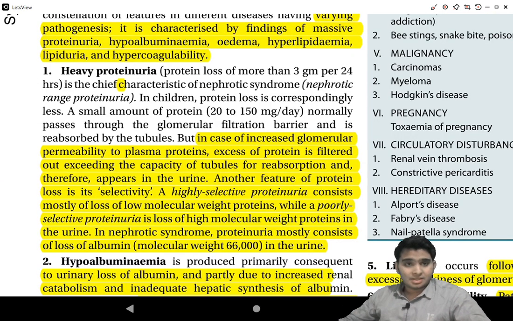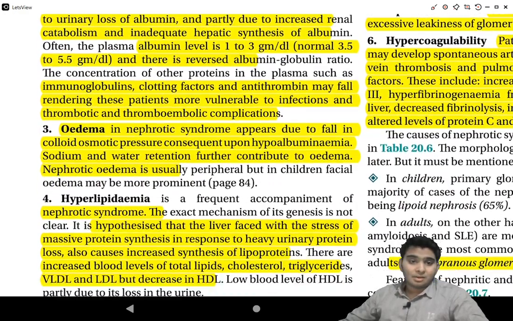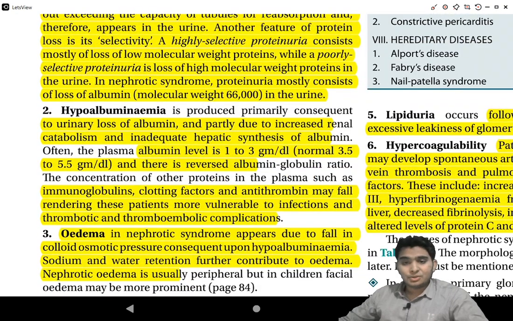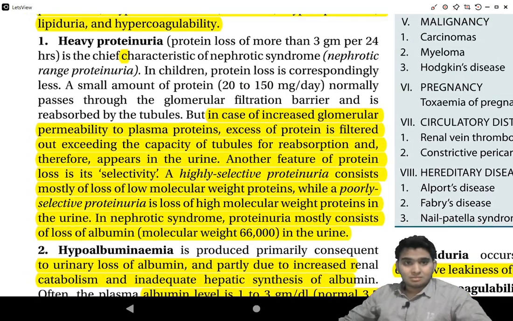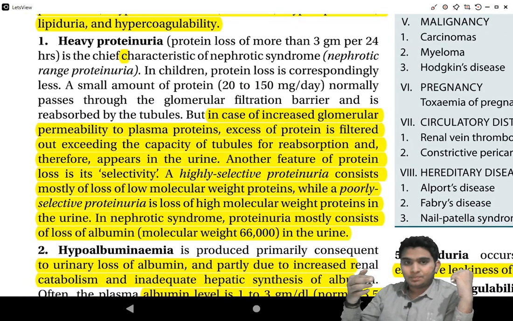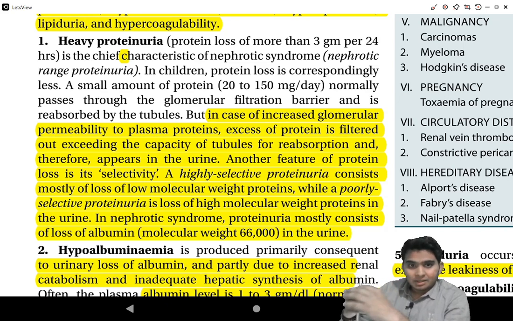Nephrotic syndrome is characterized by heavy proteinuria, hypoalbuminemia, edema, hyperlipidemia, lipiduria, and hypercoagulability. In proteinuria, there is heavy protein loss of more than 3 gram per 24 hours. Normally, a small amount of protein passes through the glomerular filtration barrier, and some of it is reabsorbed by the tubules.